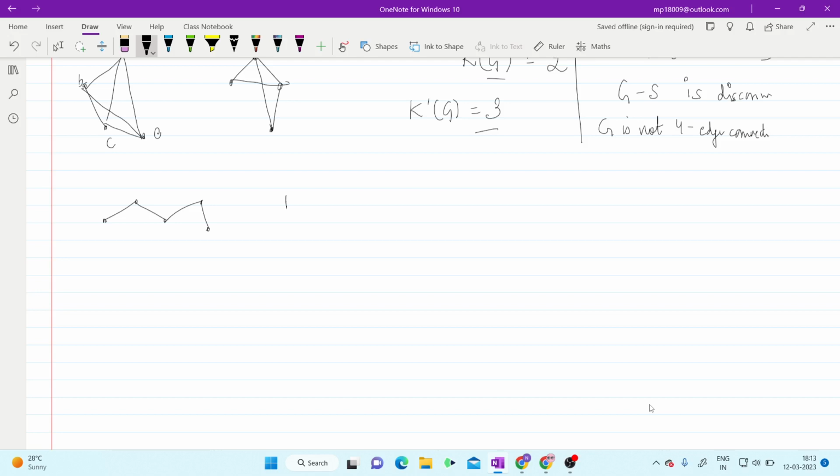See, you are taking this as your G. Vertex connectivity is one. Even for a path with more than two vertices, that is fine. So for a path, both kappa G and kappa dash G will be 1.